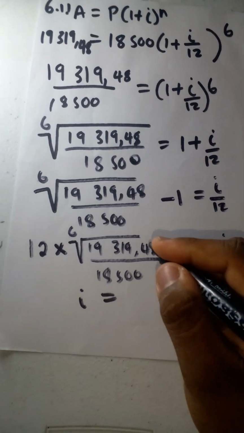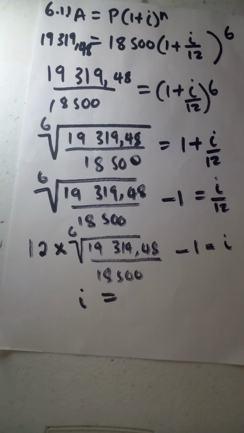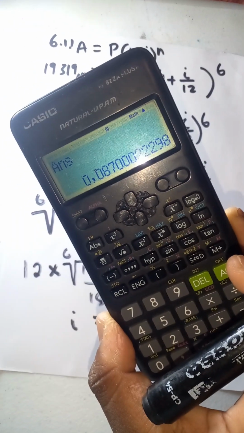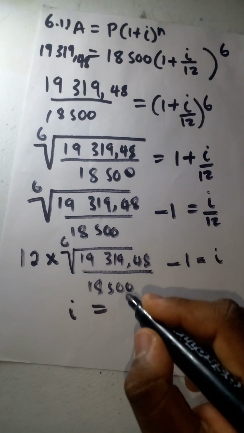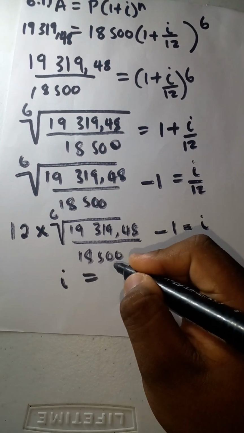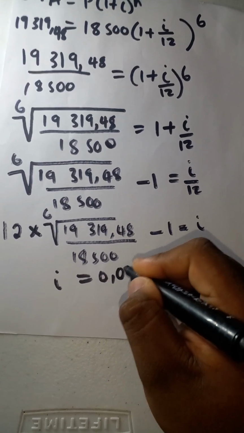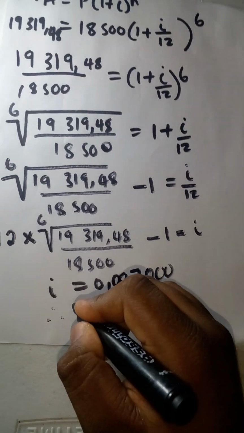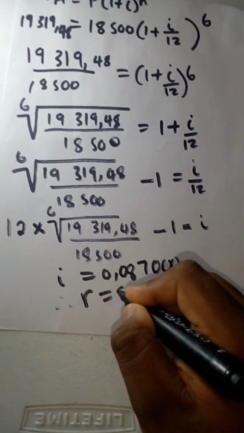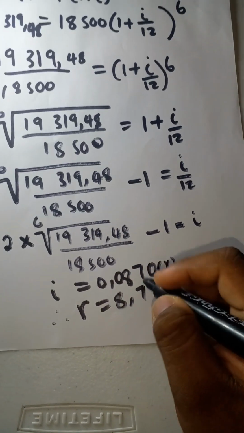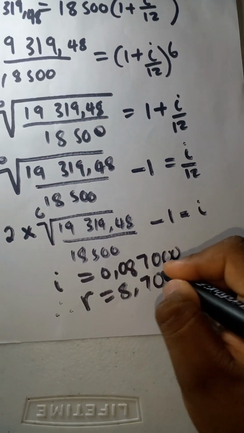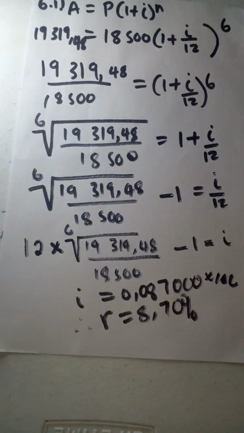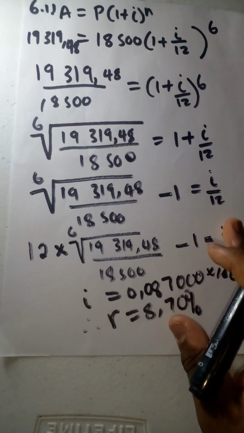My calculator is giving me 0.087000. So the value of i is 0.087000. Therefore, the rate is equal to 8.70%, because you multiply this by 100. That is all how it was.